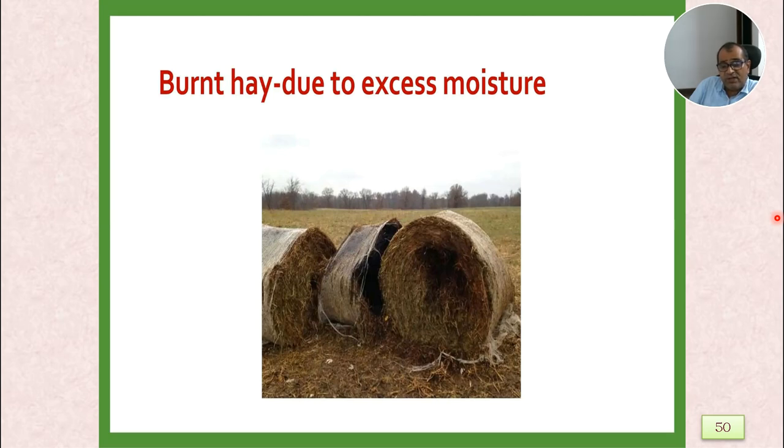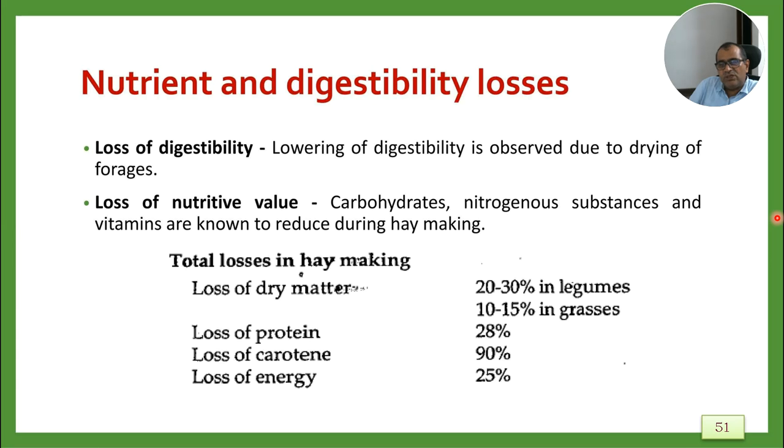The word burnt is not related to fire, but to nutrient and digestibility losses, as usual, observed due to the drying up of the forage and loss of nutritive value.